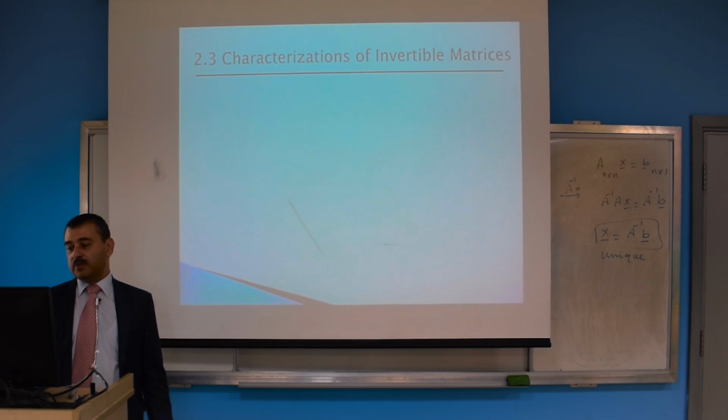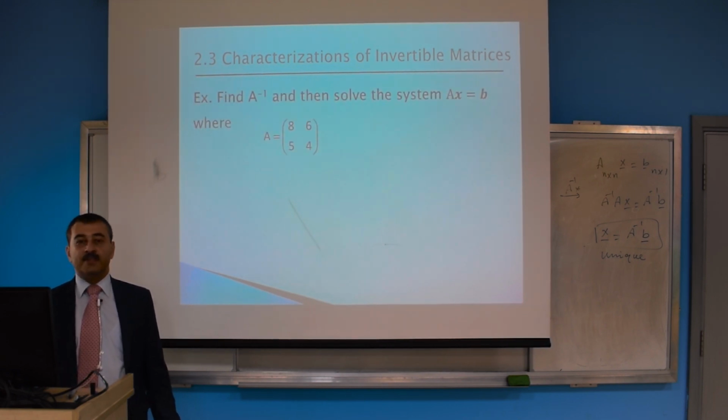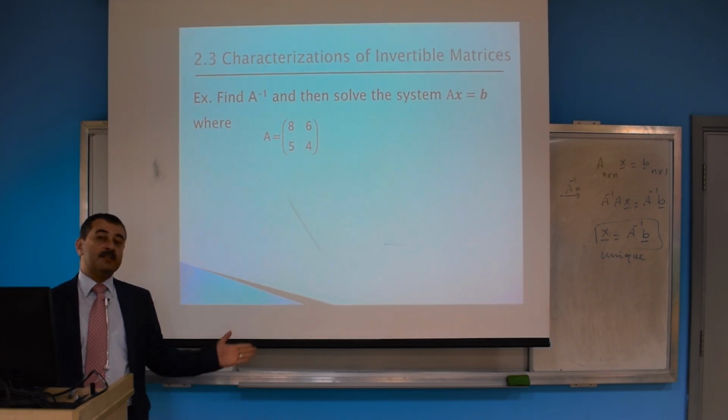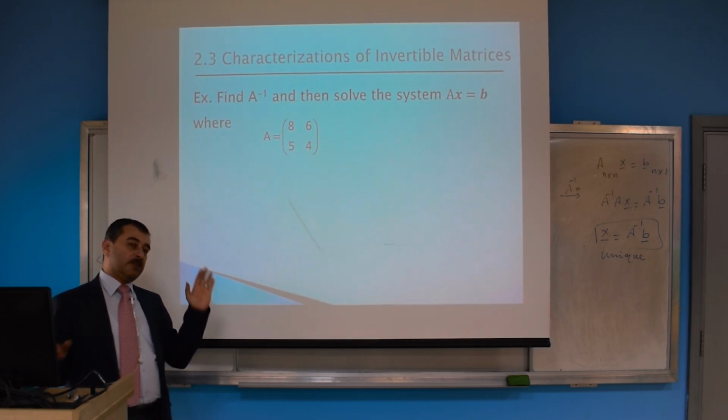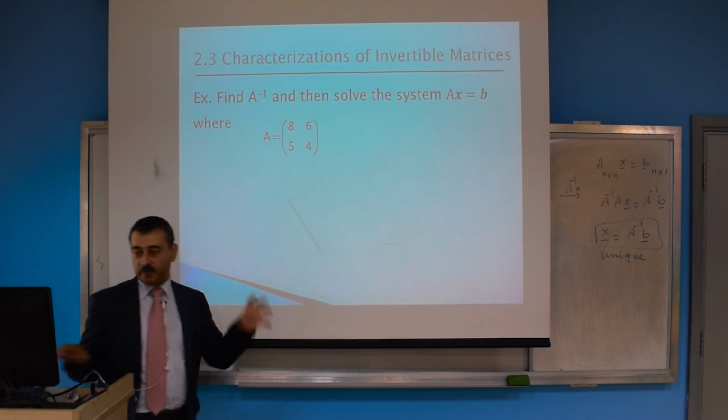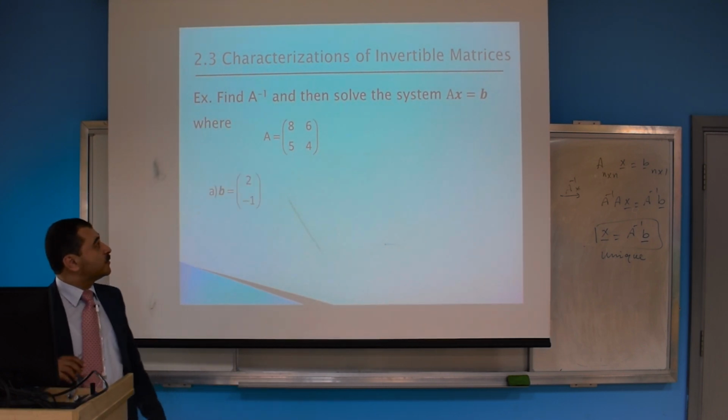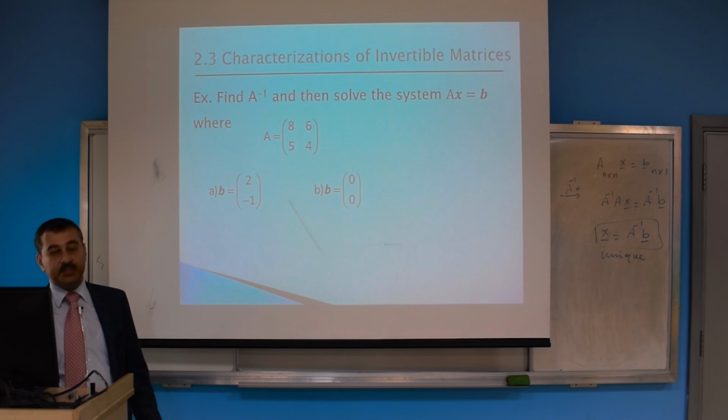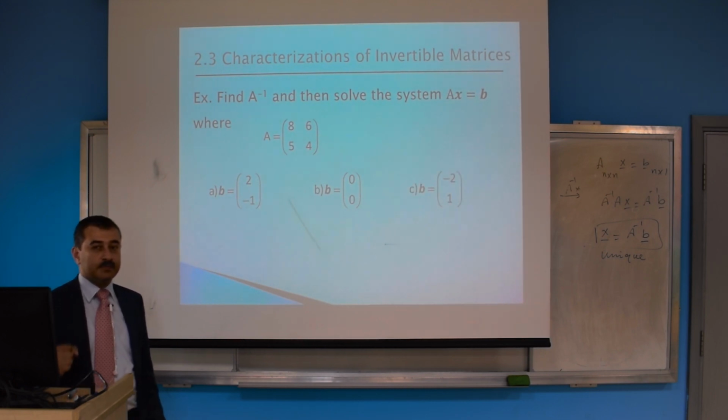So in some problems, actually, we can find that you are solving system when you have A and several B's. You solve AX equal B for fixed A and for several B's, B1, B2, B3, and so on.